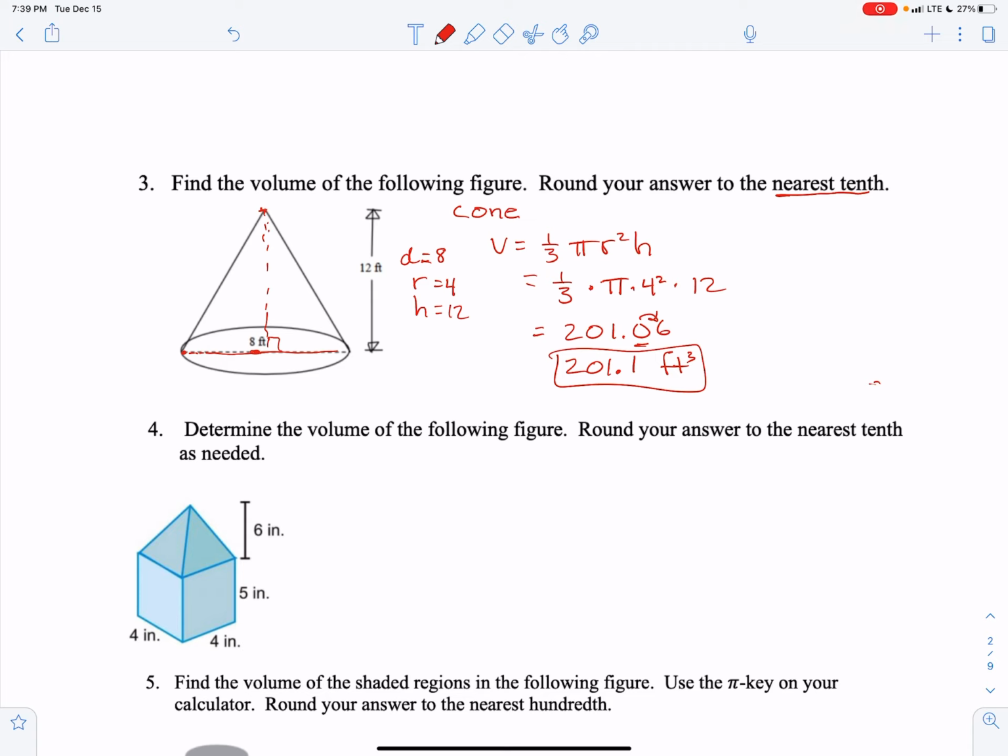For 4, we want to determine the volume of the following figure. Well, this figure is a combination of a pyramid plus a rectangular solid.